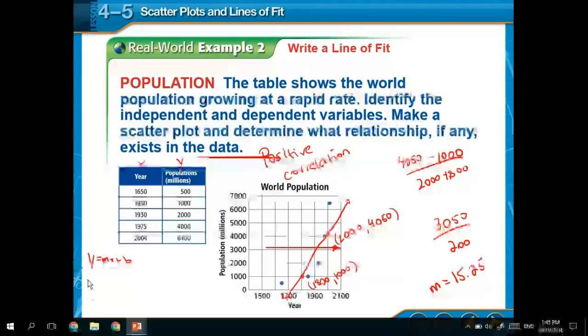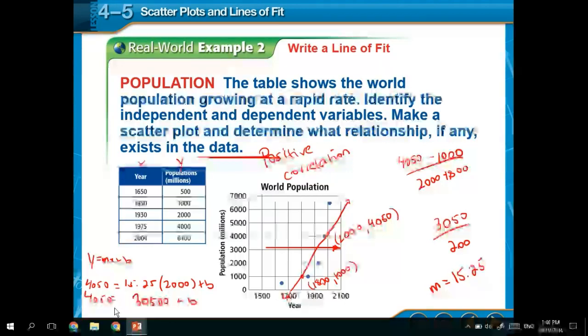So I'm putting in 4050 for y, 15.25 for m, and 2000 for x, and I'm solving for b. So 2,000 times 15.25 is 30,500 plus b, and that's equal to 4050.